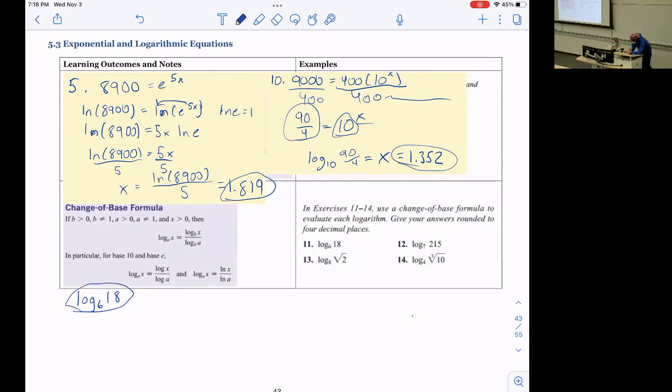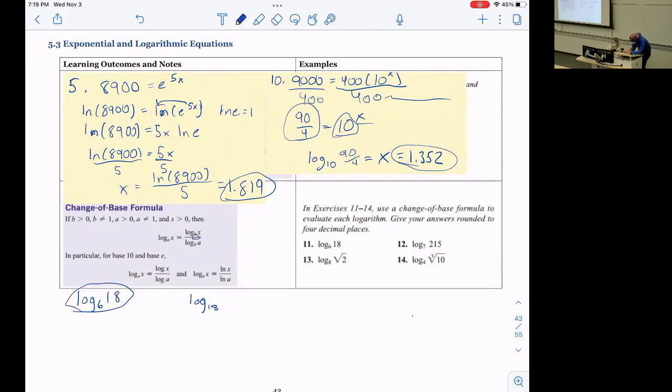But if we wanted to change a base, if we change it to 18, we do log base 18 of what's inside.